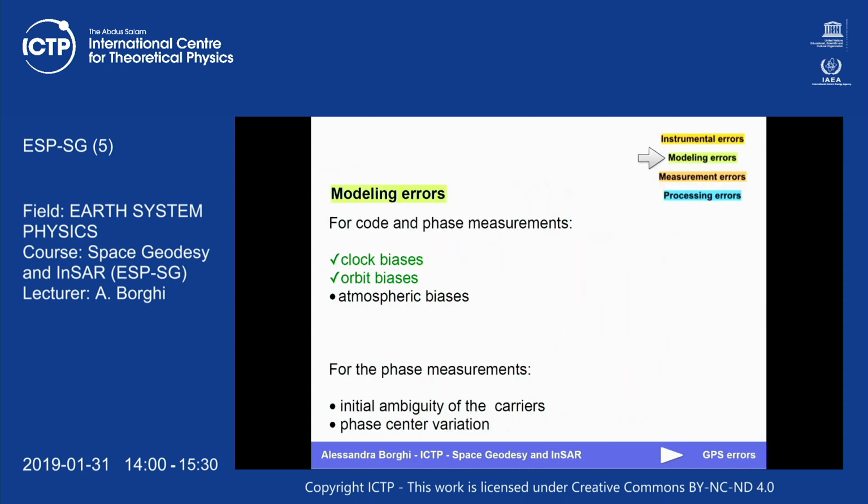I don't remember. Okay, so concerning the modeling errors, we already saw clock biases and orbit biases. Now we are going to see another important class of biases: the atmospheric biases, due to the atmosphere of the Earth.